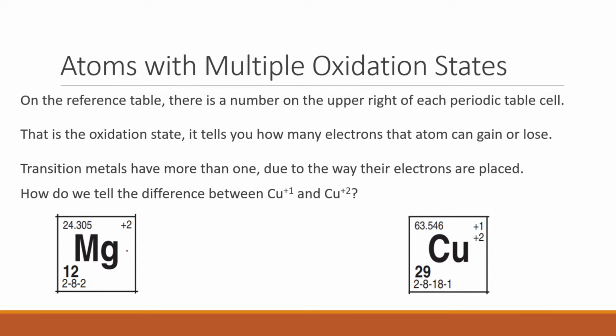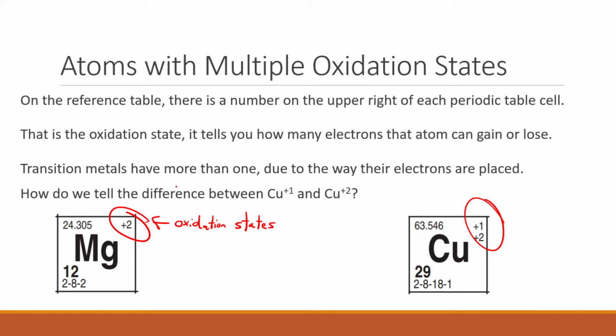And we're finally going to talk about this number in the upper right-hand corner of the periodic table cells. These numbers in the upper right-hand corner are the oxidation states. Right, the key points that out, that these are the oxidation states.